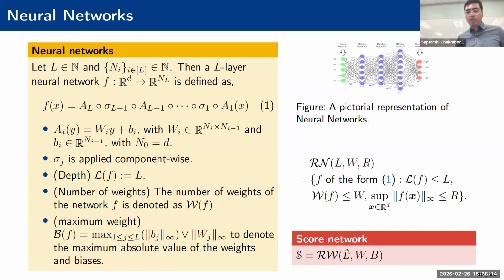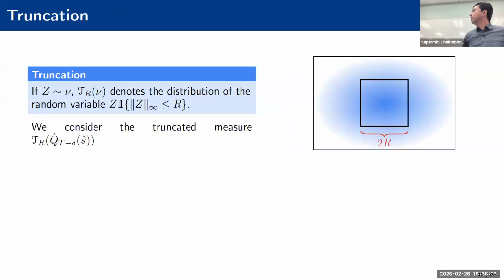What we want to understand is what sizes we should take for the network class, L, W, and other things, to give a sufficient condition to show convergence of the estimate of the true probability distribution.